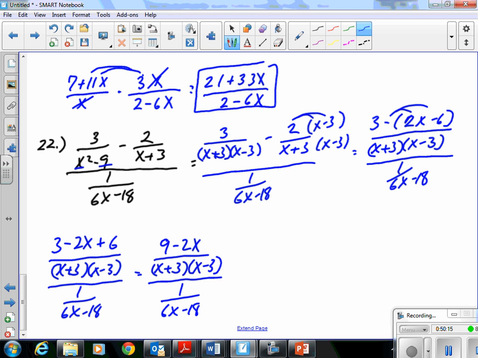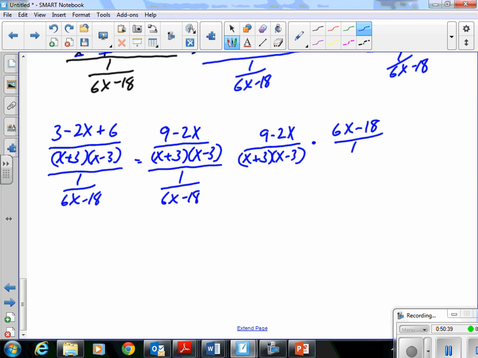So now we've got a division. Now we want to change it to multiplication. So 9 minus 2x over x plus 3, x minus 3, we're going to multiply that times 6x minus 18 over 1, flipping that fraction from the denominator to multiply it. And so now we've got to recognize that we got x plus 3, x minus 3 in the denominator here.